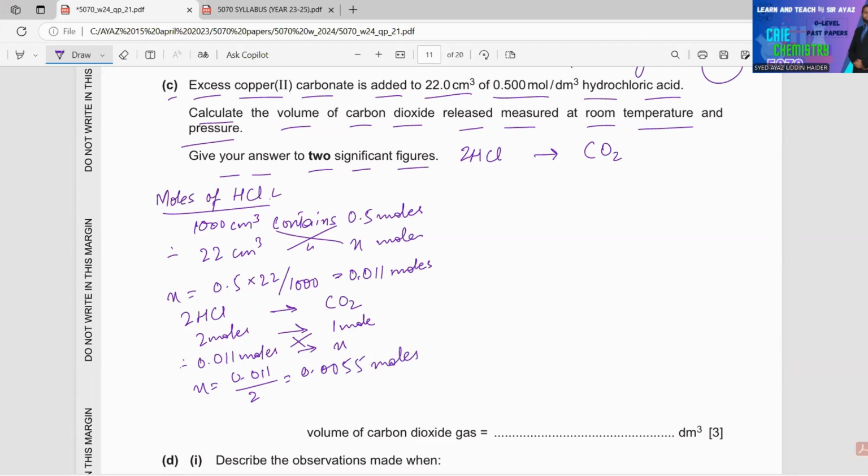Now, in order to get the volume, we know that 1 mole of a gas at RTP, room temperature and pressure, occupies a volume of 24 dm³.